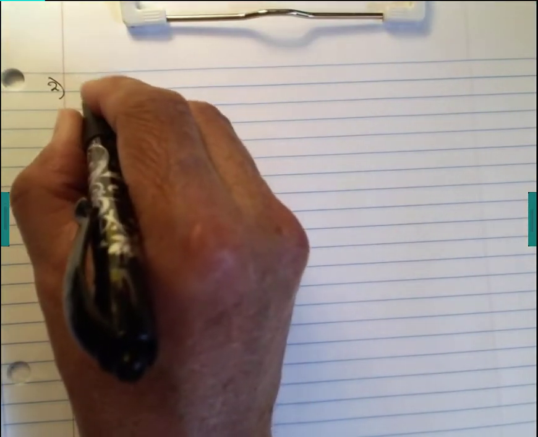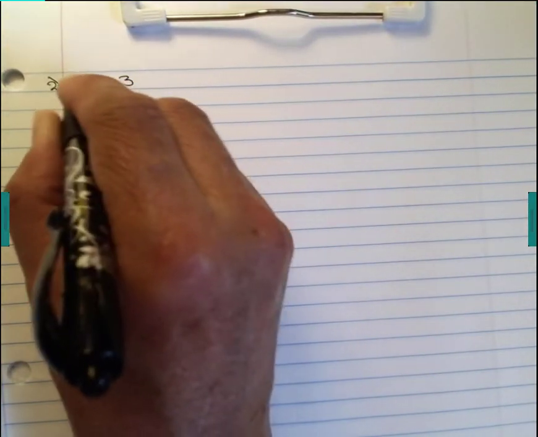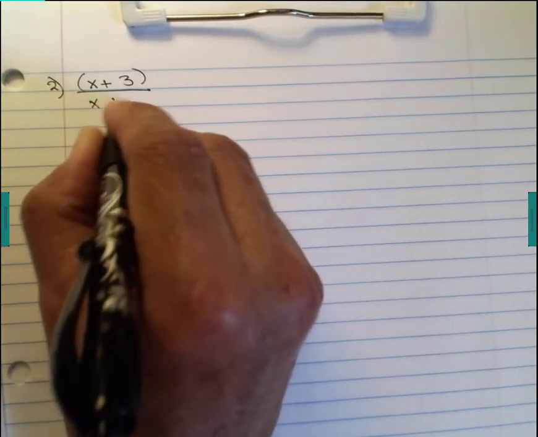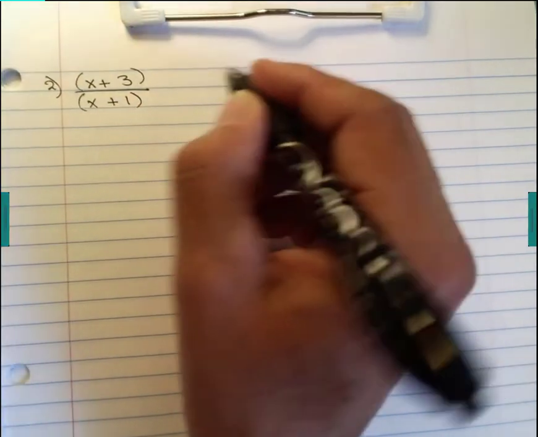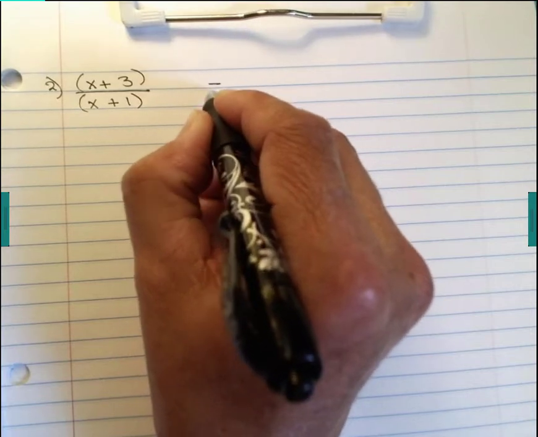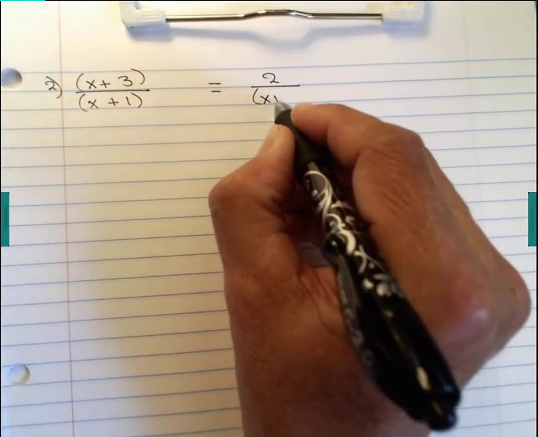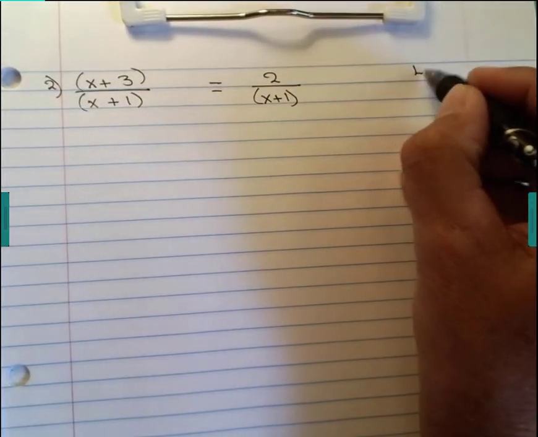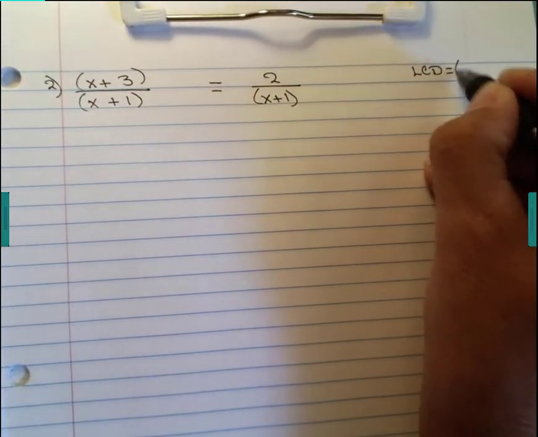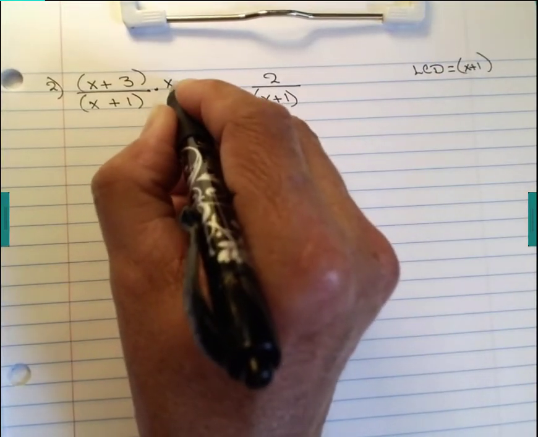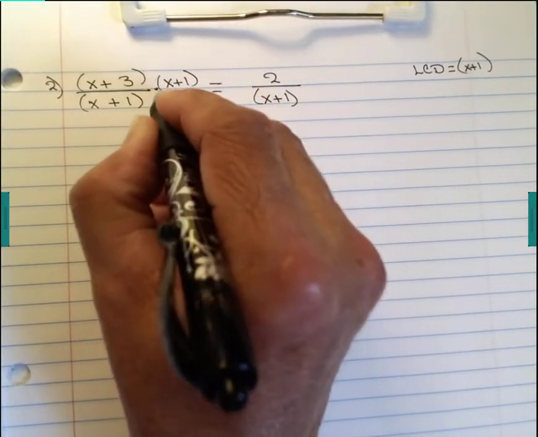And I have x plus 3. I'm going to put it in parentheses so we'll understand that it doesn't factor anymore. We're just going to treat it as a single item, is equal to 2 over x plus 1. Now what happens when I multiply everything by my least common denominator of x plus 1? Well, multiply this times x plus 1.